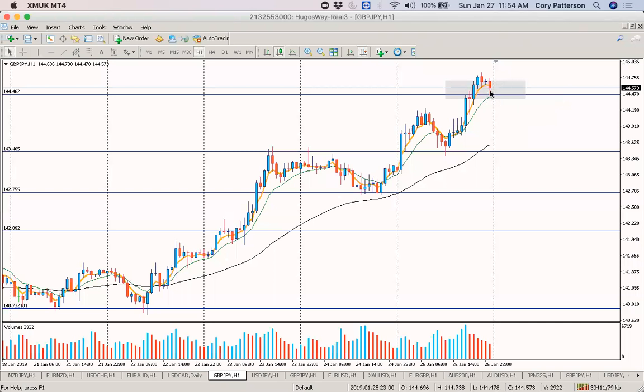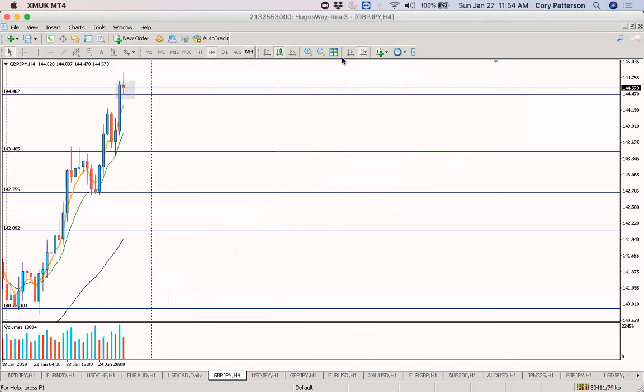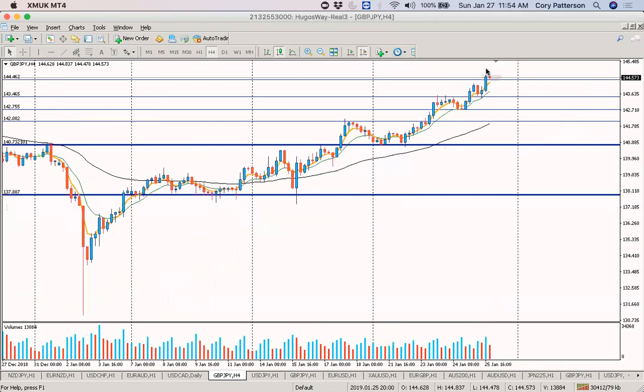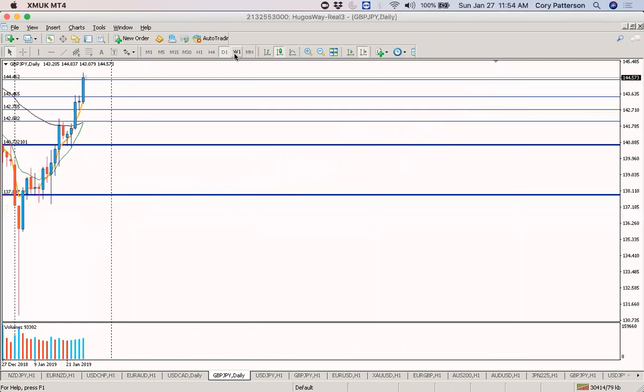So already showing signs of rejection on the 1 hour. On the 4 hour, we still see the rejection. It's moving in an uptrend, in a channel pattern, and we have the rejection at this same level. It looks almost identical to GU. So we'll look to take the same direction for this trade.